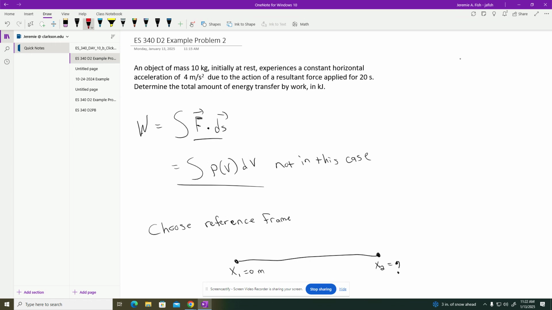So that's going to give us the distance. In this case, the integral of F dot ds is going to be equal to, well, note that this is something you should remember from calculus.